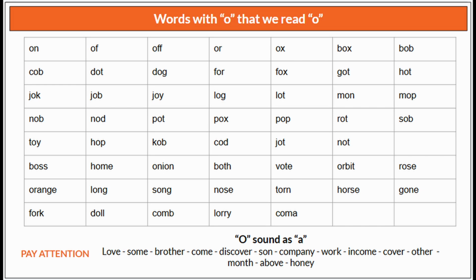You see, it is O, but we read it A. Come, not come here. Come here. Discover, son, company, work, income, cover, other, month, above, honey. We read this O as A.